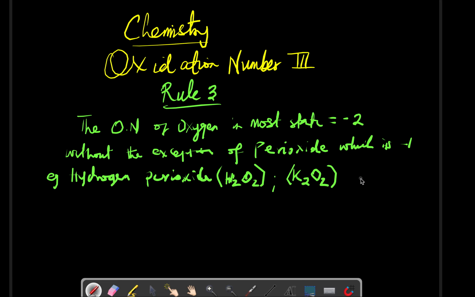Even if you talk about calcium peroxide, the oxidation state of this oxygen here is -1. So apart from peroxide, every other state where they deal with oxygen, the oxidation state of oxygen is -2. You will take note of them so that you do not fail any question. Do you understand? I hope this is very clear.